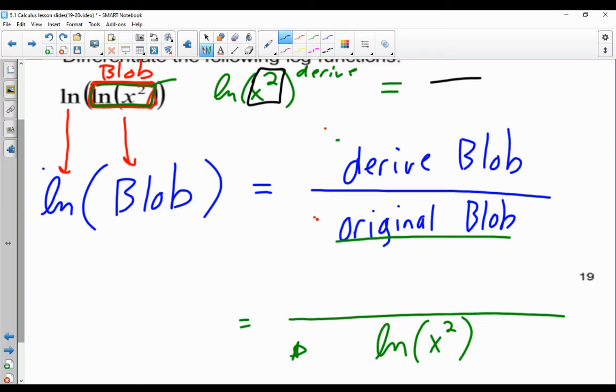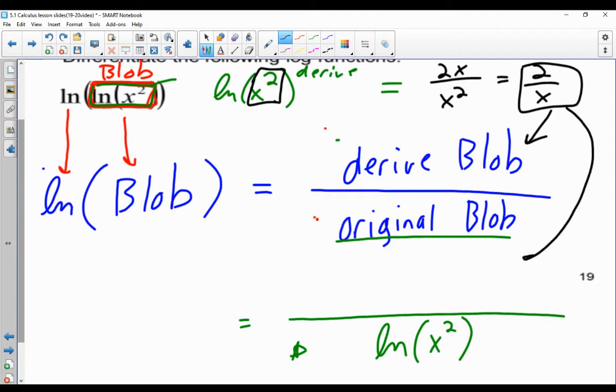On top, you'll derive the x squared to give you 2x. On the bottom, you'll get the original, which is x squared. Of course, if you simplify that, it should simplify down to just 2x. So this is the derivative of the blob, and this is what's going to go on top of the fraction that we have in green.